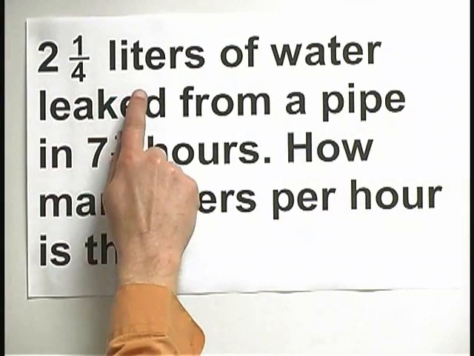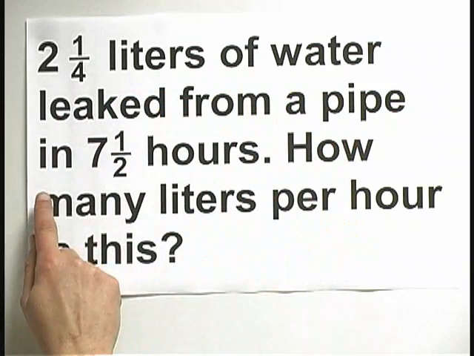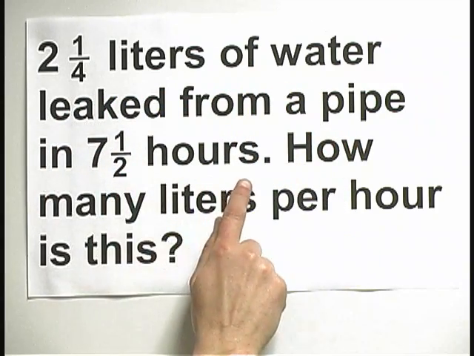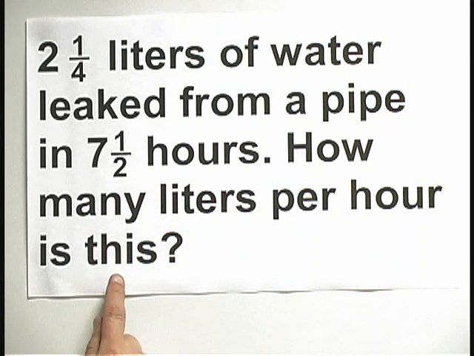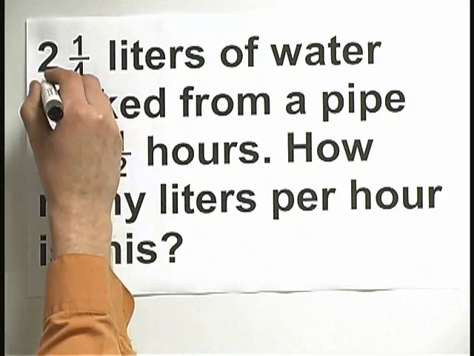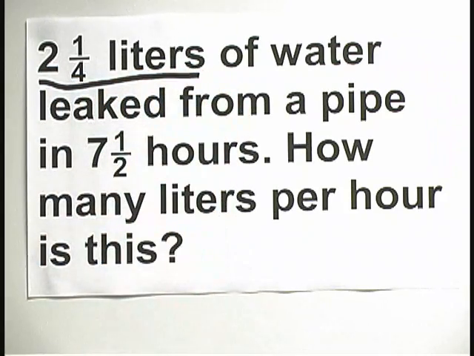2 1/4 liters of water leaked from a pipe in 7 1/2 hours. How many liters per hour is this? I can see that this problem involves liters of water, 2 1/4 liters of water.